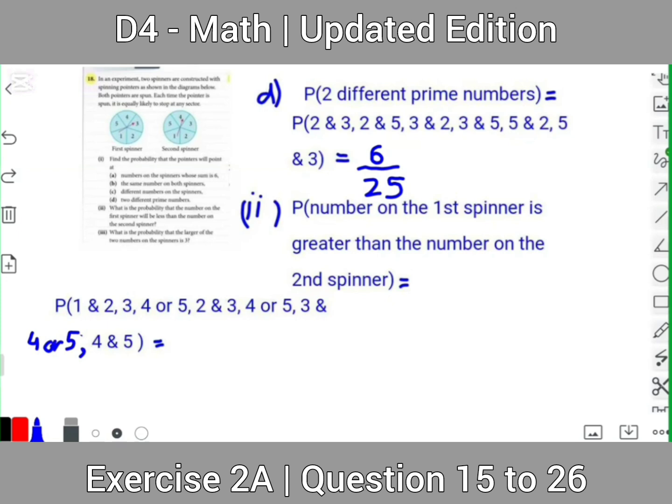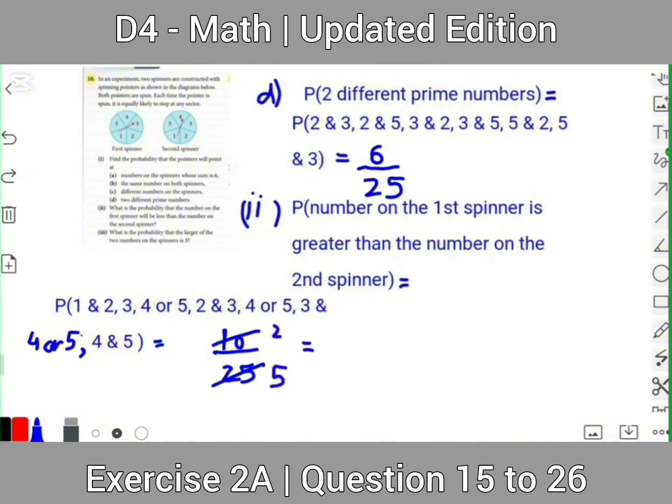Since we can see that here we have 10 possibilities, the probability that the number on the first spinner is greater than the number on the second spinner will be 10 over 25. And after simplification, it will give us 2 over 5.